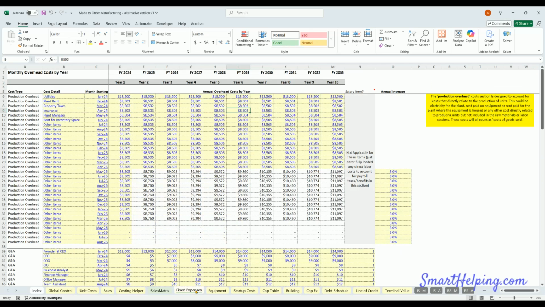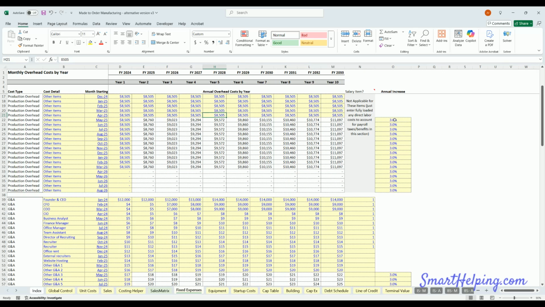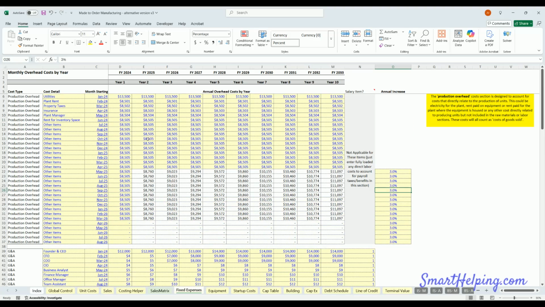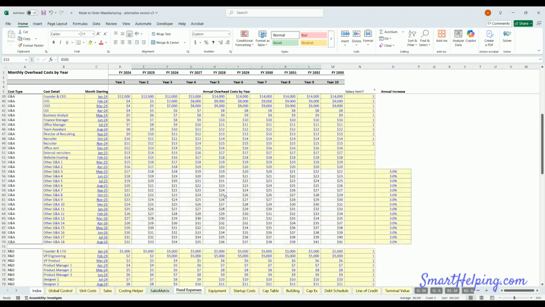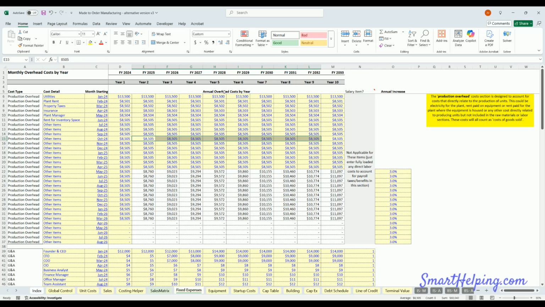And then I made some fixed expense changes where, for some of them, you can change the expense cost by year instead of manually putting it in each year. And then these are annualized, so you put in the annual overhead cost here per year and they'll divide by 12. Whereas the other one, you put in the monthly costs here and those just flow straight over to the monthly. Those are the only changes between the alternative version and the primary version.